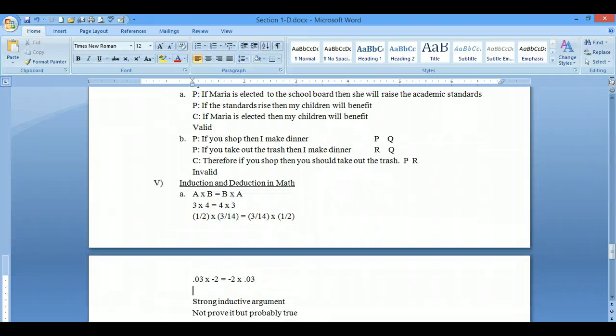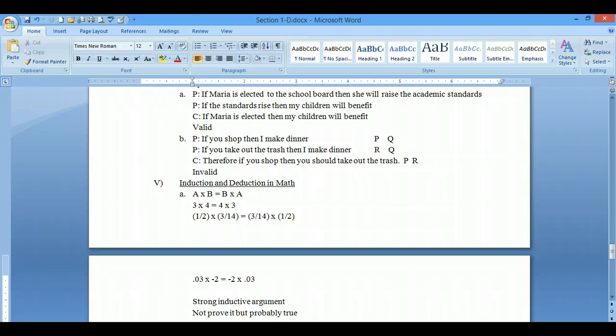All right, moving on to Roman numeral 5, induction and deduction in math. So here I have a chain, or a set of premises. I have A times B equals B times A. 3 times 4 equals 4 times 3, which are true so far. And 1/2 times 3/14 equals 3/14 times 1/2, also true. 0.3 times -2 equals -2 times 0.3.